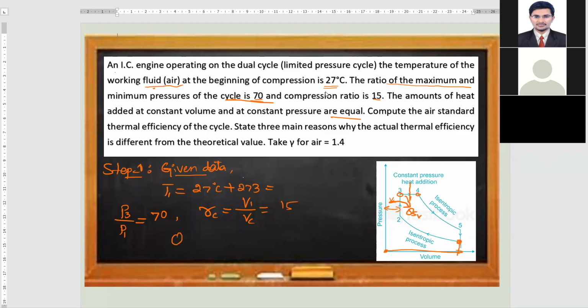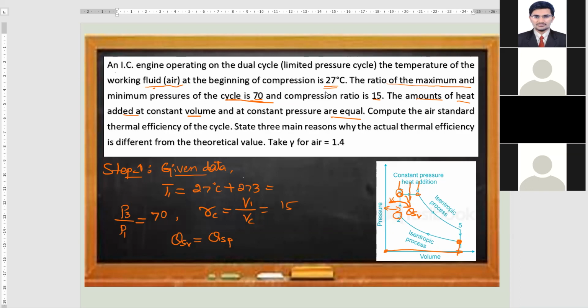So I will write heat supplied at constant volume is equal to heat supplied at constant pressure. That is what he has given. From here to here it is 2 to 3, constant volume. And from here to here is 3 to 4, constant pressure. So both are equal.